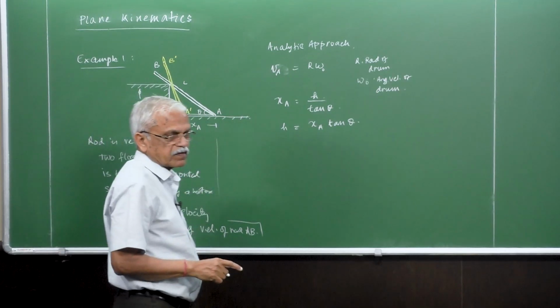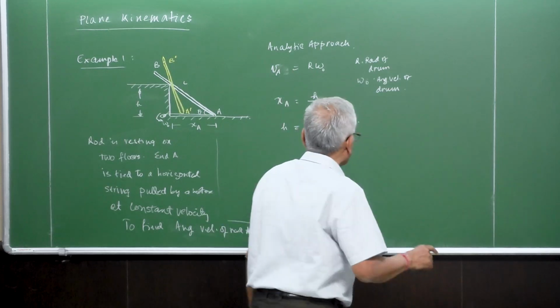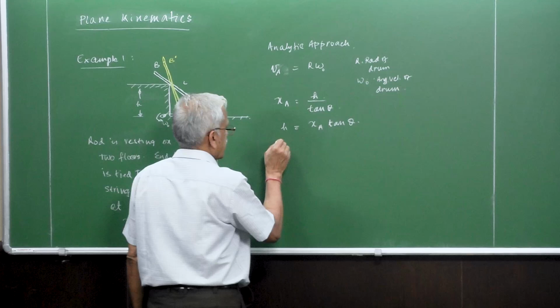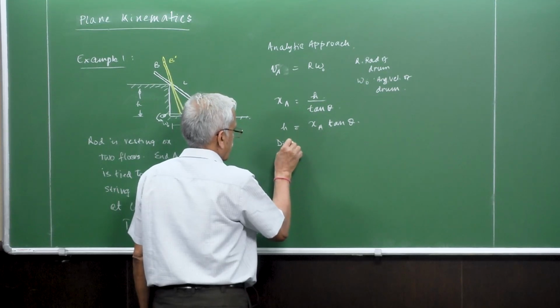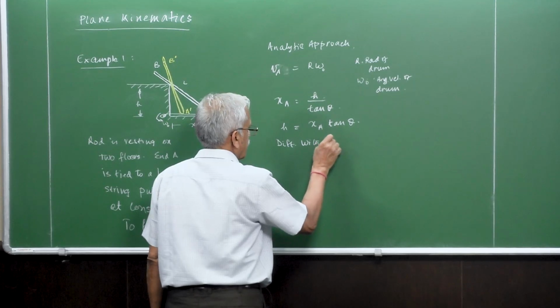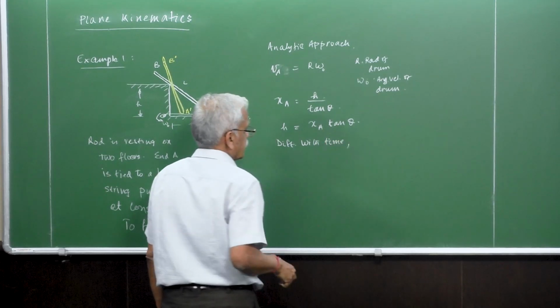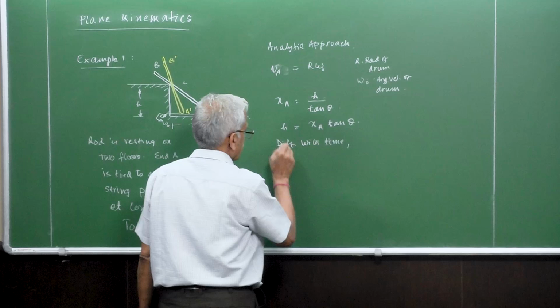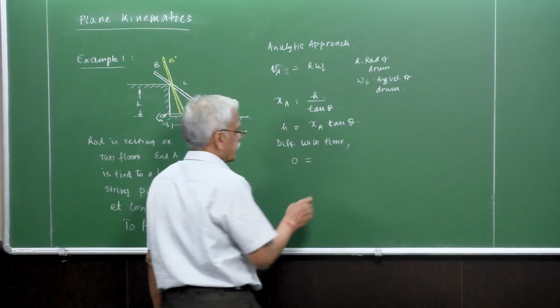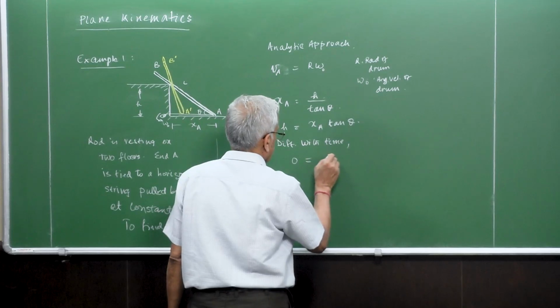Both of them are functions of time. So what we would like to do is differentiate with time. If you do that, then on this side, h is constant, so dh by dt is 0.